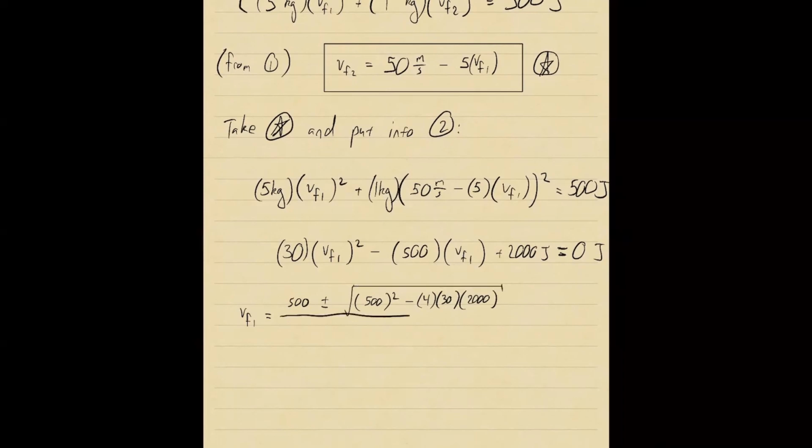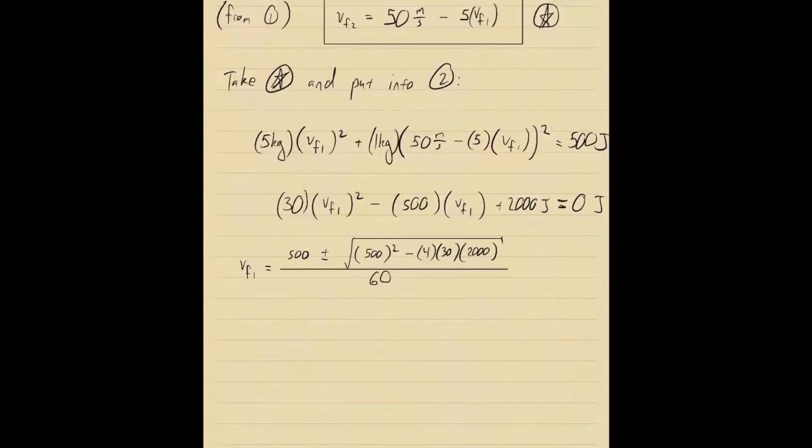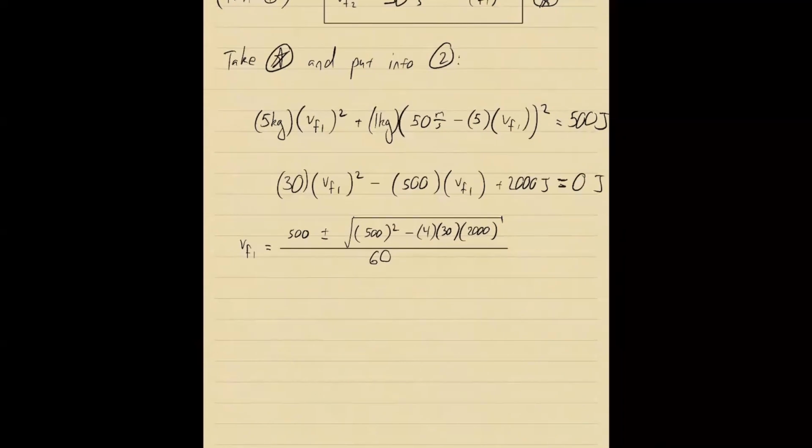And then we're dividing all this by 2 times our value for a, which is 2 times 30, which is going to be 60. And so this is going to give us 2 answers. Depending on if we use the plus or minus sign, the plus sign is going to give us 10 meters per second, whereas the minus sign is going to give us a final velocity for our first ball of 6.7 meters per second.